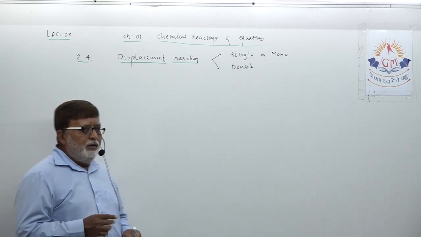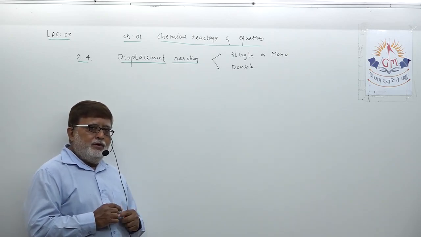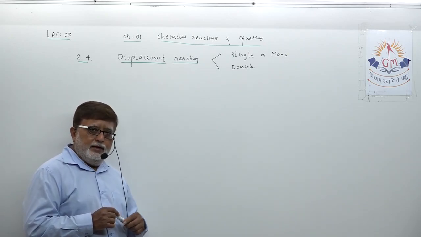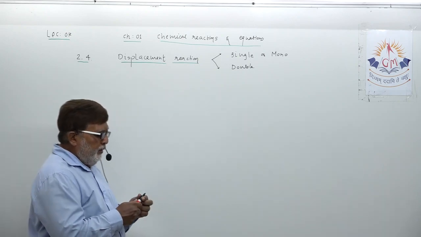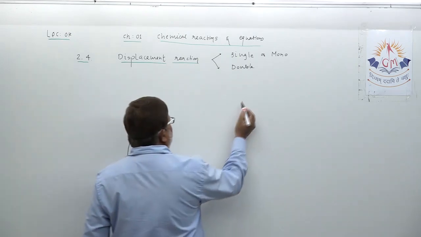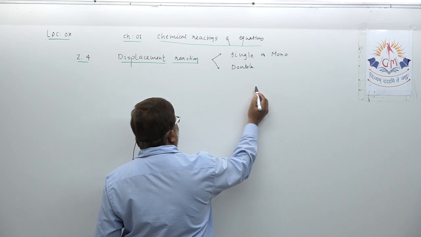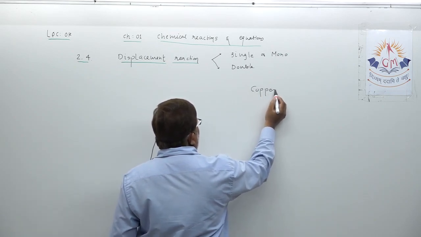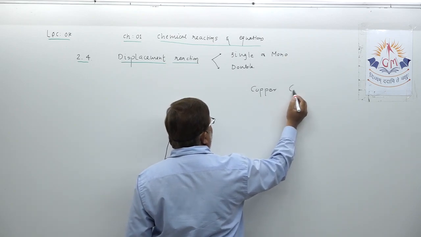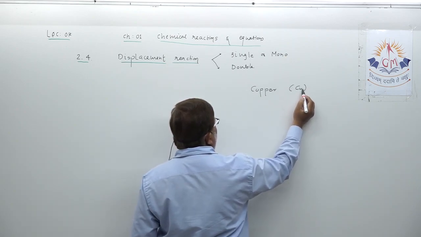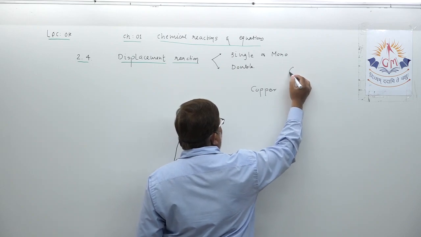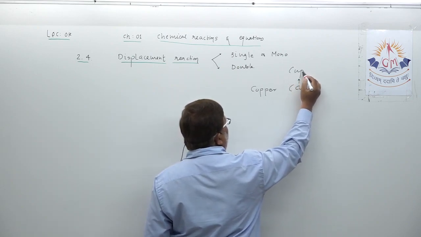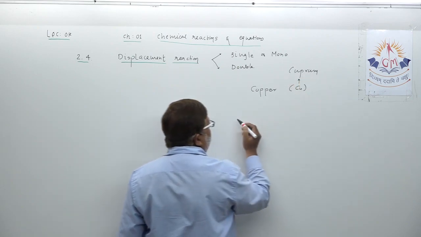See, let us try to understand what happens if you compare two metals. Suppose I say copper. You all know the symbol of copper: Cu, from the Greek name cuprum. This is also one line, dear student, you must remember it, cuprum.